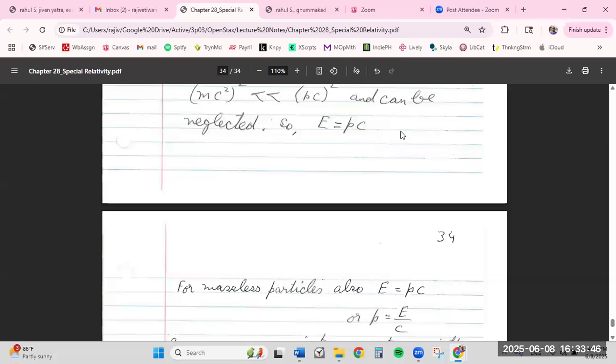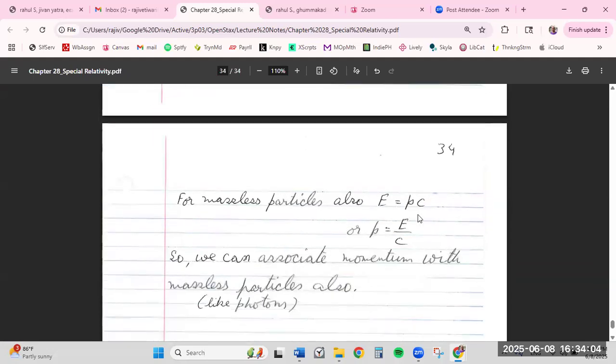Now, one thing that's surprising and unexpected and not seen in classical physics is that massless particles can also be seen as having momentum. If E is equal to pc, and if you solve this equation for p, then p becomes E over c.